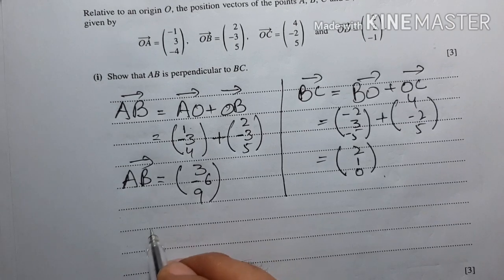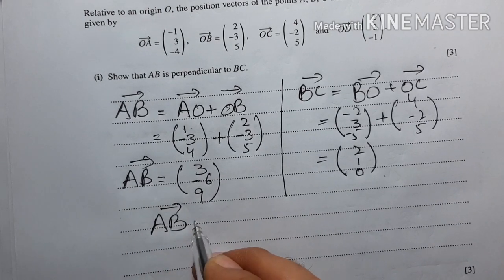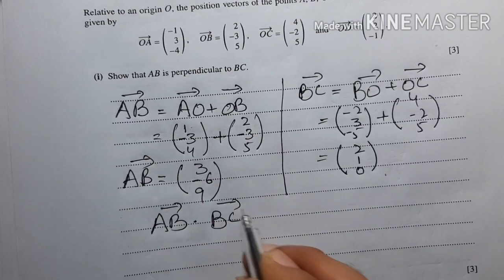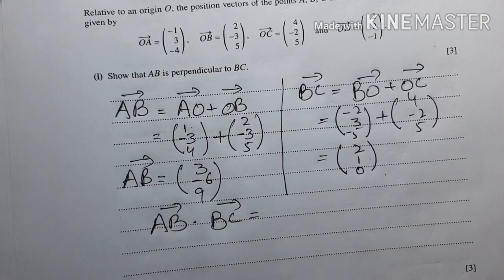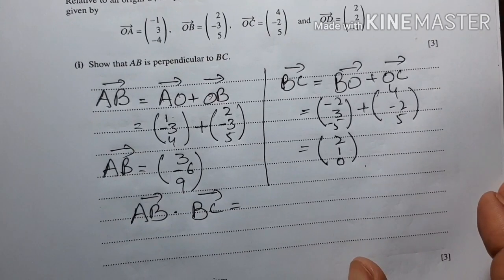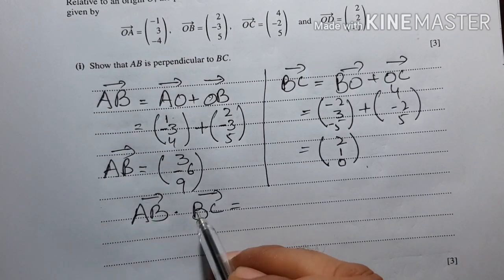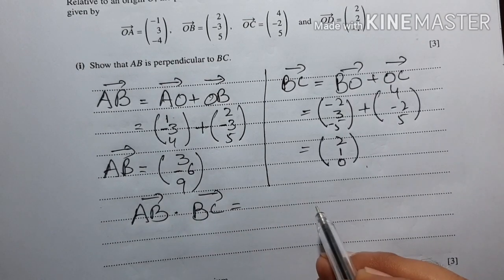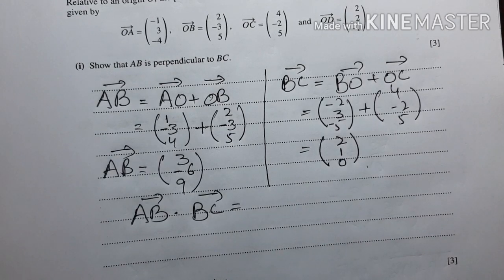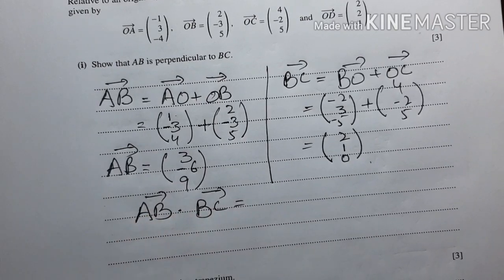So take the dot product AB dot BC. If it is 0, then they are perpendicular because cos 90 is always 0. So you know the dot product is the magnitude of this into cos theta. So if it is 0, it means cos theta is cos 90, and that means they are perpendicular.